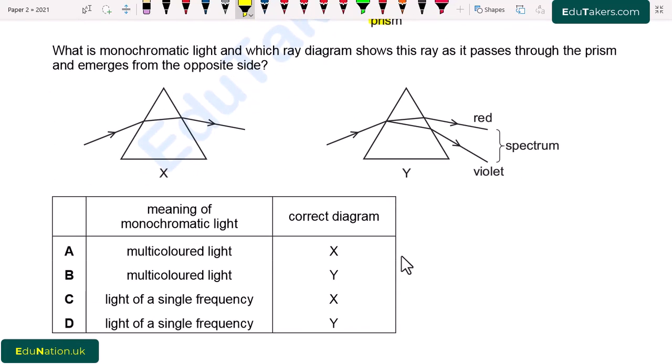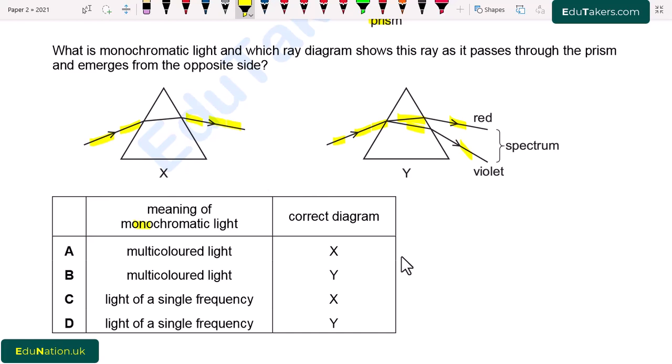So first of all, here are two diagrams, X and Y. In X, we can see that there is a single ray that is incident on the prism and also emerges out of this prism. In diagram Y, a single ray is split into two, red and violet.